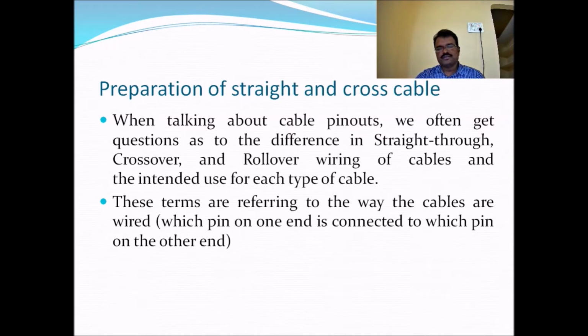These 2 terms are referring to the way the cables are wired, that is, which pin on one end is connected to which pin on the other end. As we said, there are 8 pins, 8 wires in it. These 8 wires are arranged in a particular manner, and the same arrangement we have to make at both ends. So we will see what are straight cabling and cross cabling.